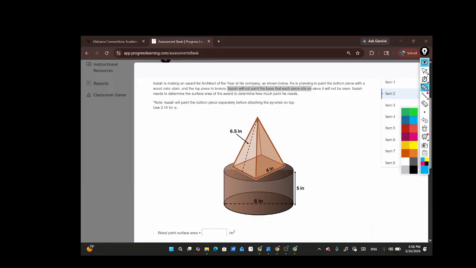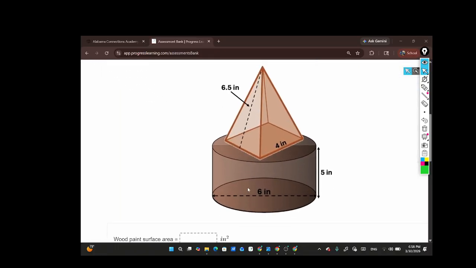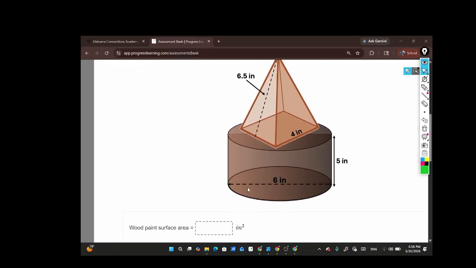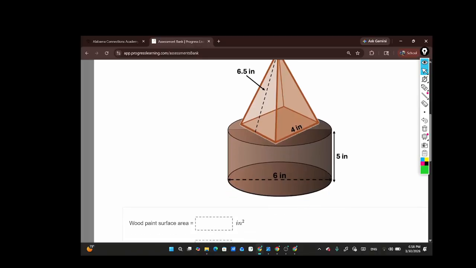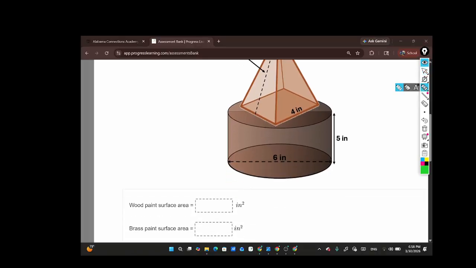So we will start first with the cylinder. In this cylinder, we have the side of the cylinder. To find the side of the cylinder, we actually need to find the surface area.